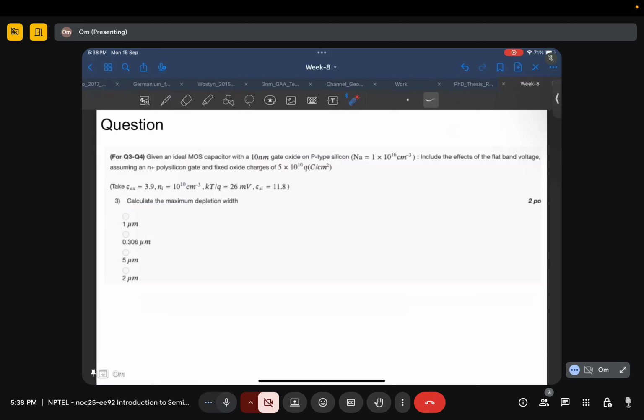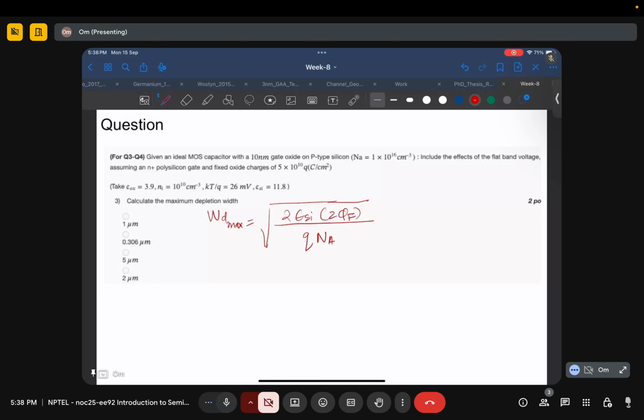In this question, we have to calculate maximum depletion width. So we know that maximum depletion width WD max is the square root of 2 epsilon 2 phi f upon QNA. If psi s equals to 2 phi f, then there is the maximum depletion width.